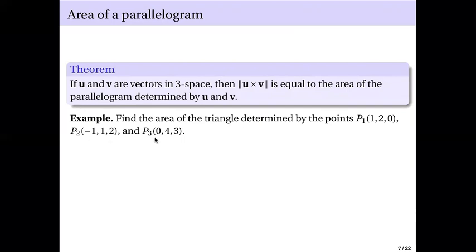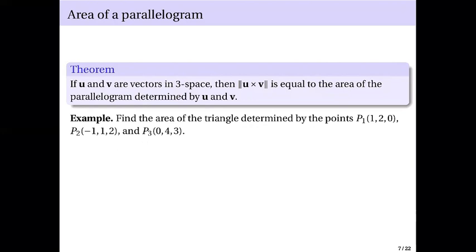So you have the 3 points here. You can get 1 point to be the common initial point, and then the vectors will be from that common initial point to the other 2 points.